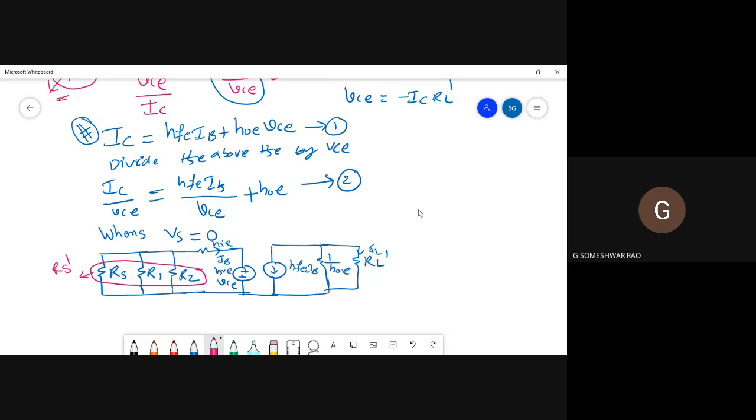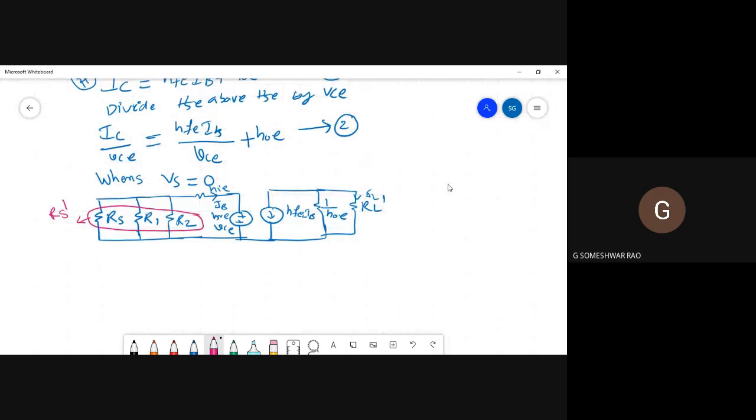The moment you consider this as RS dash, once again you are supposed to redraw the circuit diagram. So that means we will be having RS dash here. Then we are also having hie. The current flowing through this same branch is nothing but IB.